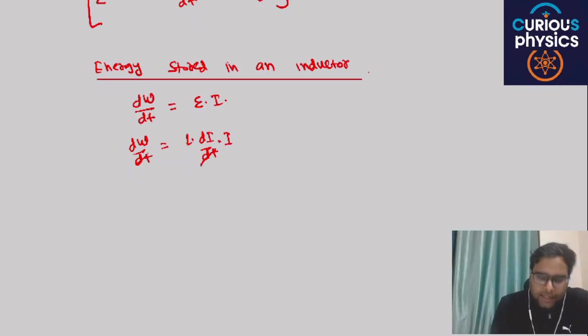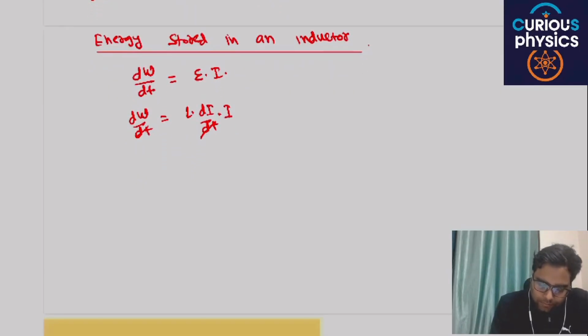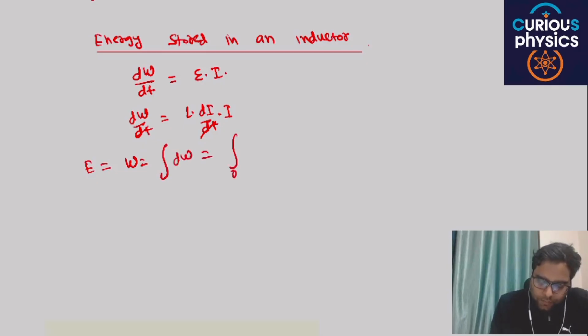dt and dt cancel each other, and the total work done, or energy, is the integration of dW from 0 to I to maintain the current. L is constant, so you integrate I di and get half L I square.